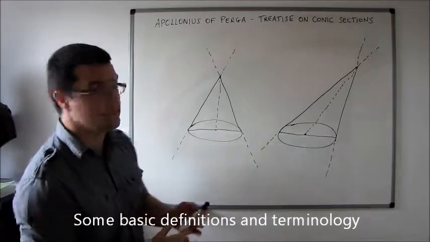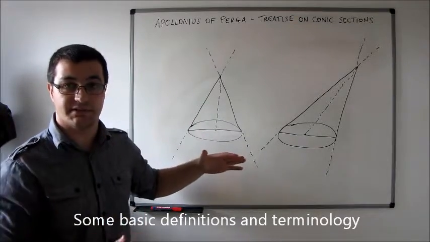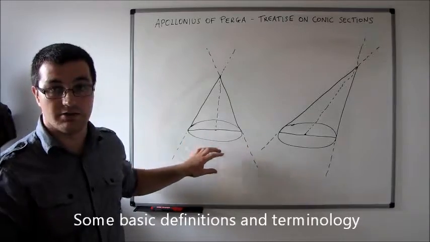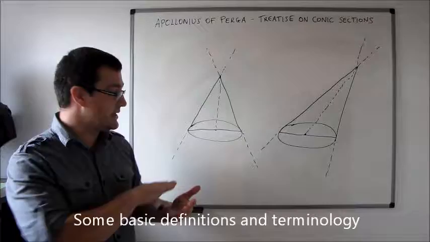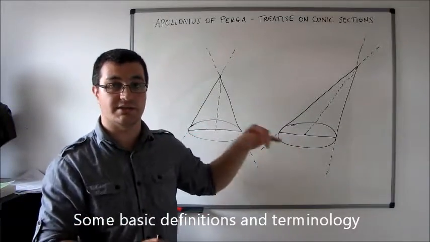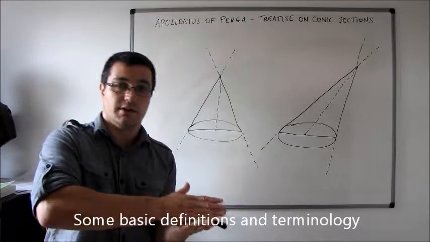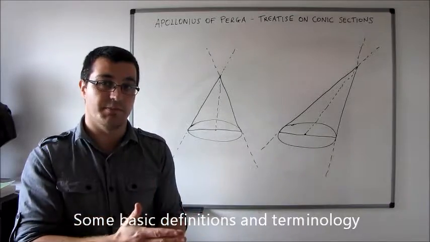I just want to draw some attention to some characteristics of these axial triangles, namely that with the right cone, an axial triangle will always be perpendicular to that base circle. But in the case of the oblique cone, that's not necessarily the case. I might have an axial triangle that's tilted over to one side, so it's not necessarily perpendicular.